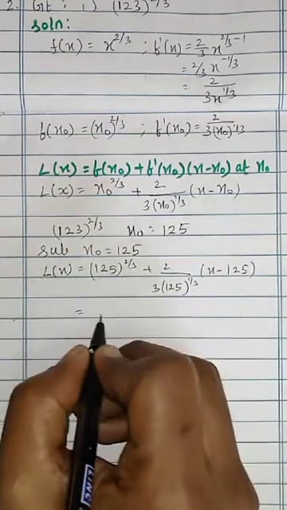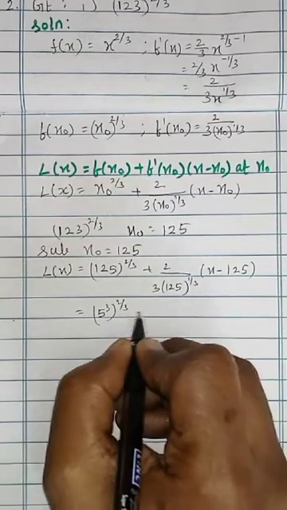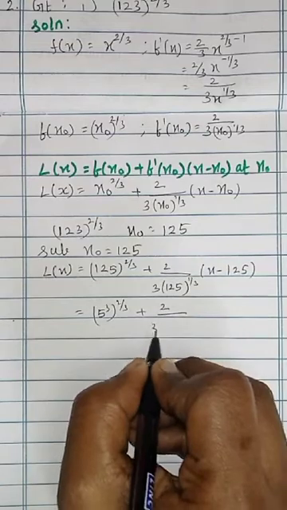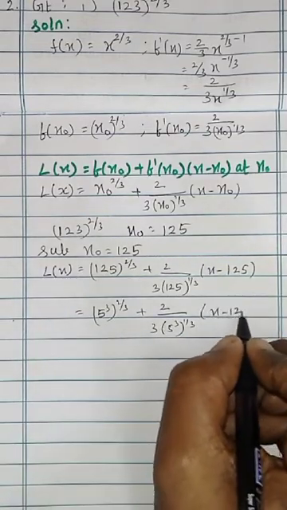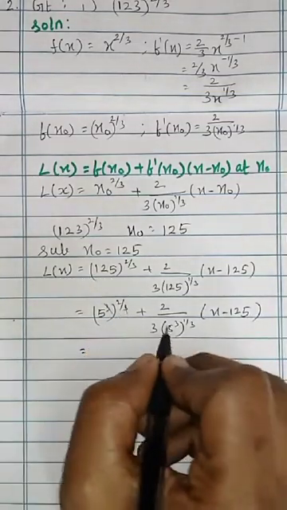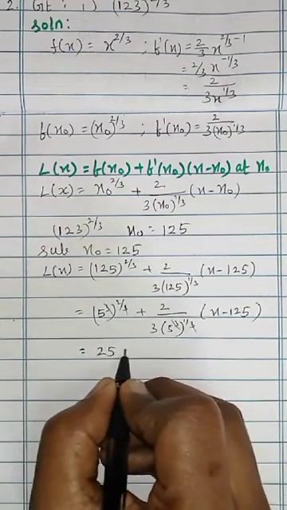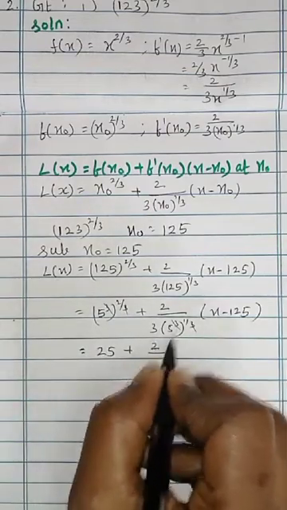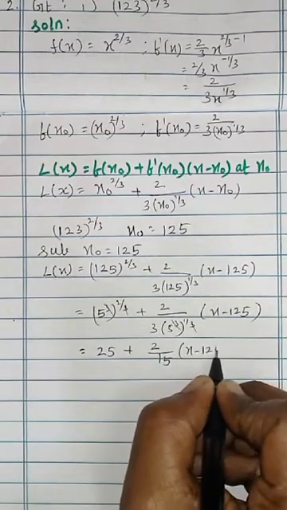Now 125 can be taken as 5 cubed, so (5 cubed) power 2 by 3 plus 2 by 3 of (5 cubed) power 1 by 3 into (x minus 125). If we simplify this, the 3 will get cancelled. 5 squared is 25 plus 2 by 5 times 3, that is 15, into (x minus 125).